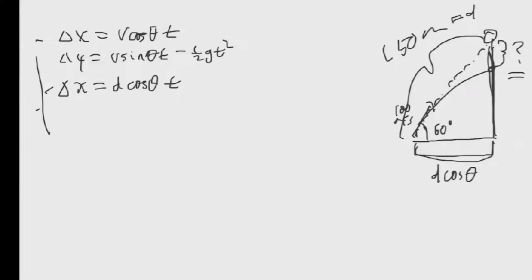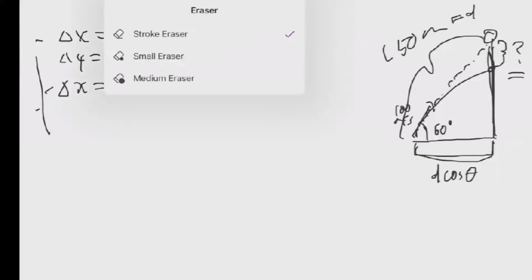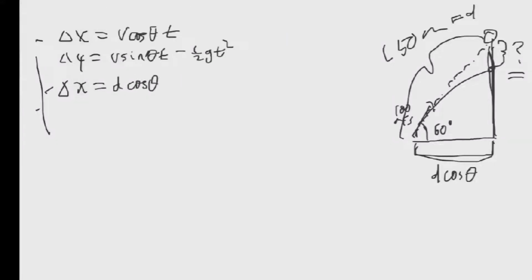Well, we can substitute one in the other, shoot, my bad, to get d cosine theta equal to v cosine theta times t. Now we can just cancel out cosine theta and solve t equals d over v.